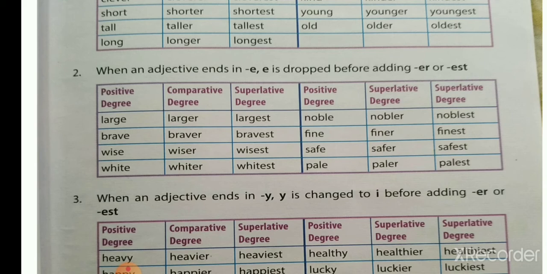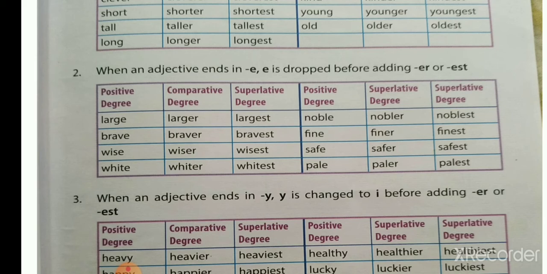Now, the second table shows when an adjective ends in E, the E is dropped before adding er or est. Let us see. Positive degree large, larger, largest. Brave, braver, bravest. Wise, wiser, wisest. White, whiter, whitest. Noble, nobler, noblest.